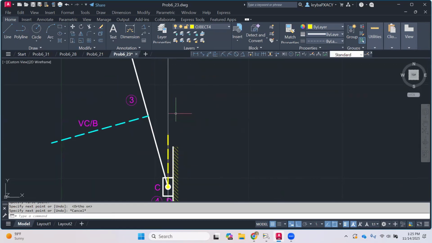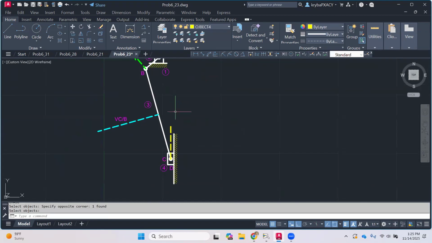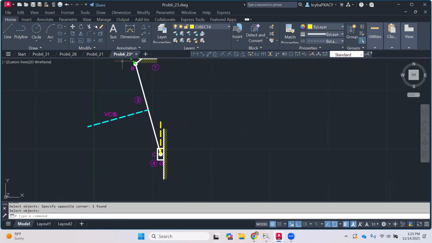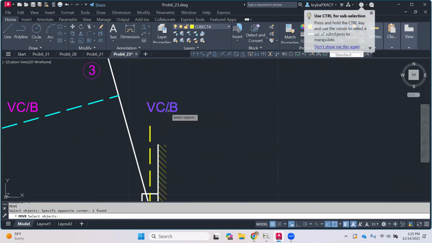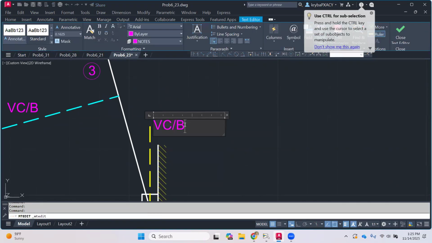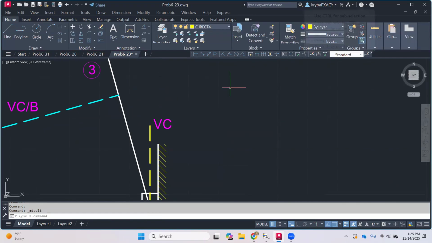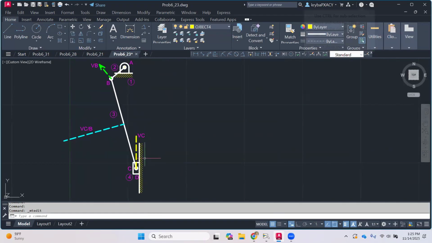Okay, just to represent that, and you can get rid of that construction line if you have it. And this is going to represent the line of action of the velocity of C. Okay. And again, no arrowheads on the last two because we don't know how long they're going to be. So any questions so far?